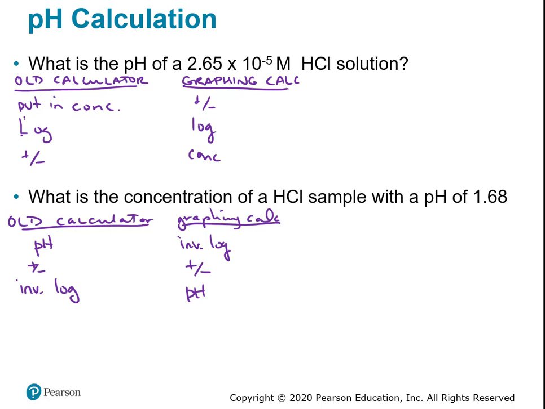What do you have to use? That EE button. So you'd put 2.65, then hit the EE button once, and then put in the 5 and that little plus minus symbol.